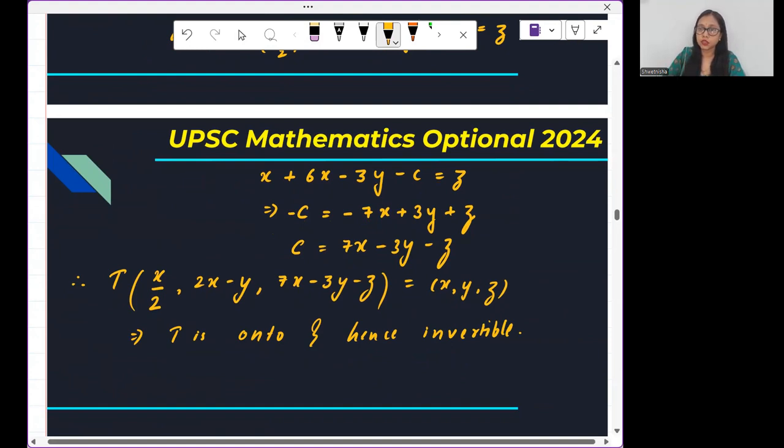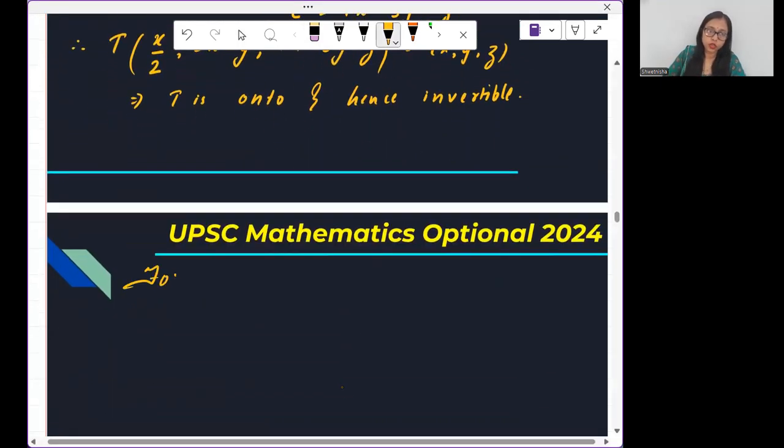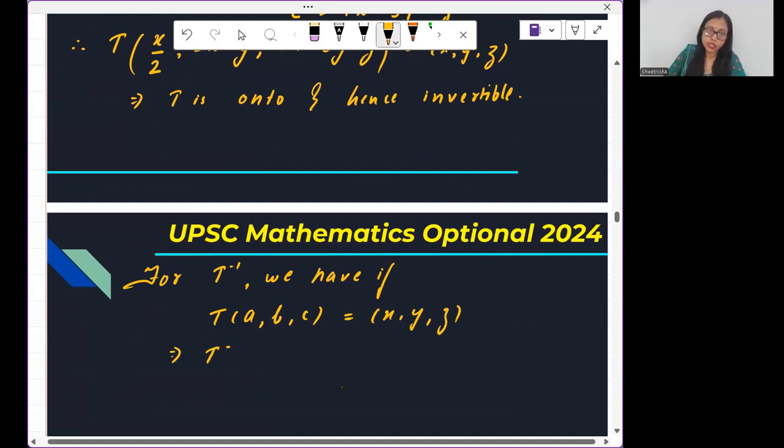For T inverse, if T of ABC here is XYZ, it implies T inverse of XYZ would be ABC.